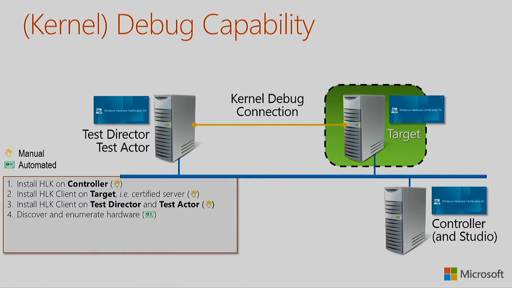So the role of the test director and test actors is to coordinate the test sequences, execute the test binaries, collect the test results and forward the results back to the controller.